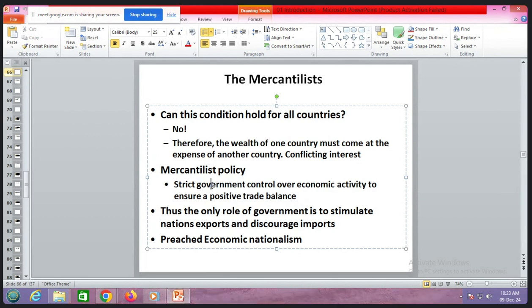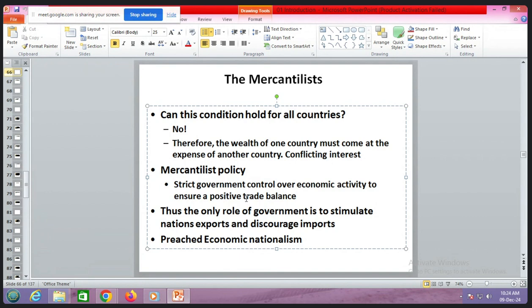Now remember that we are talking pre-Adam Smith. Adam Smith's theory has come after this theory, and pre-Adam Smith they proposed not free trade, they proposed government interference in the trade.